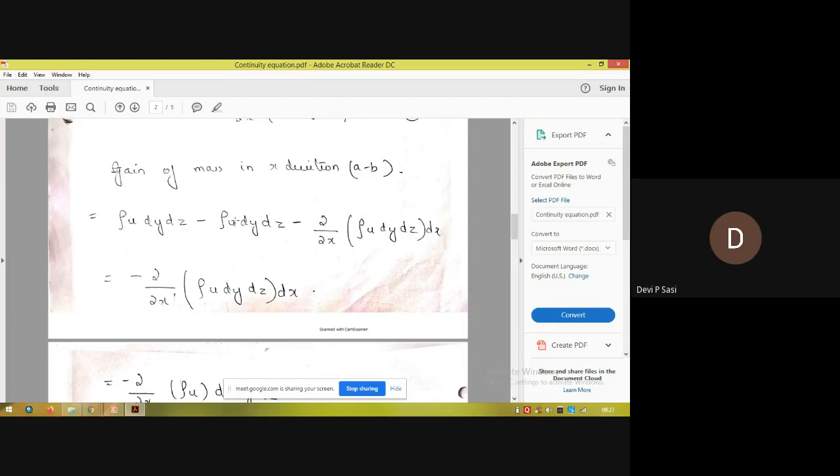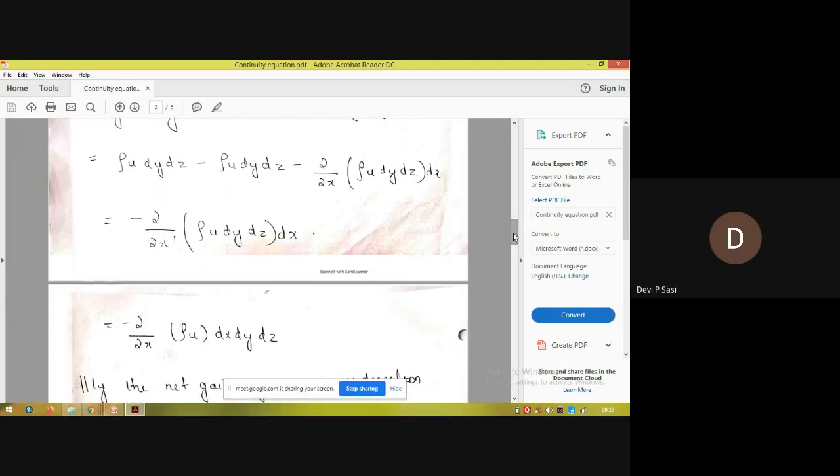The first and second terms, one positive and the other negative, get cancelled. The remaining term is minus dou by dou x of rho into u into dy dz into dx, which simplifies to minus dou by dou x of rho into u into dx dy dz.